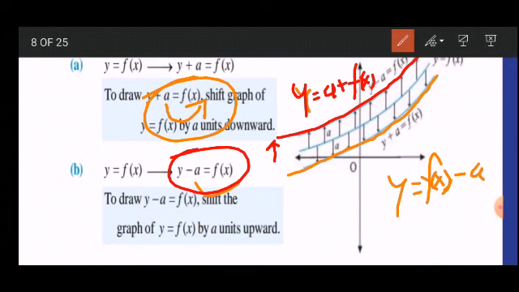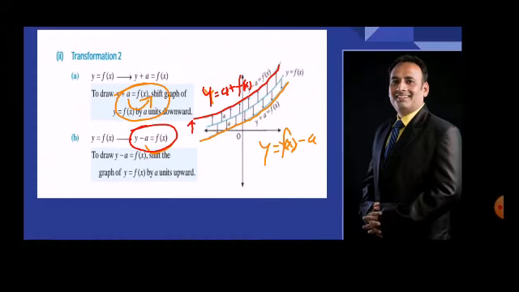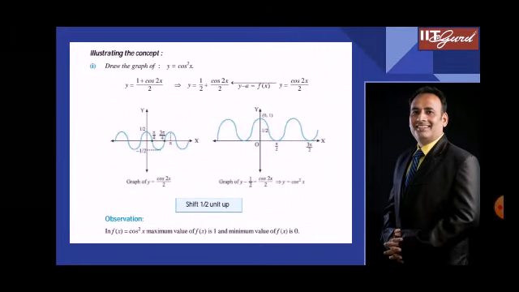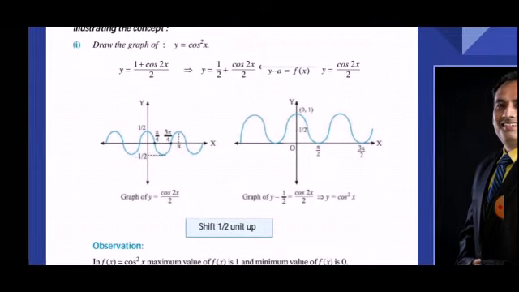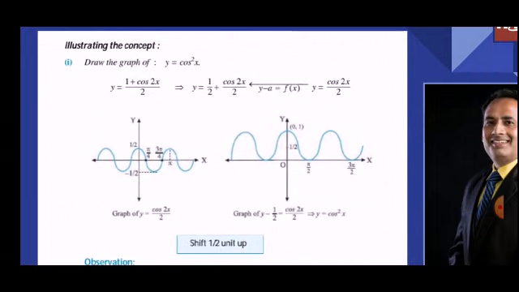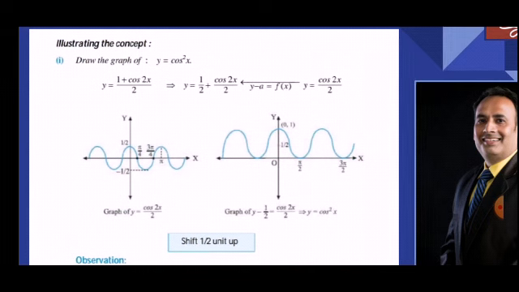Okay, fine. So let's take some illustration on this to understand. The illustrating concept is, we are interested to draw the graph of y equal to cos square x. So how will we plan over here? Let's explore this: y equal to cos square x.